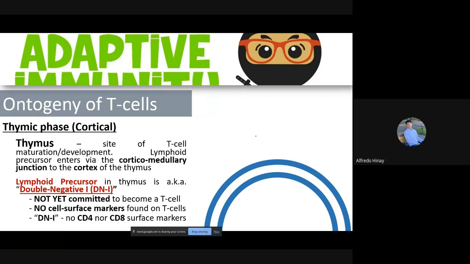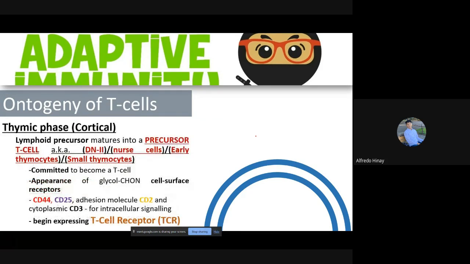Tapos, kung makapasa na siya class, mahimo na siyang double negative 2. Okay? Or precursor T cell. So, makadecide na dyan sa class na committed to become a T cell na. Okay? So, ready na siya to start studying the self and non-self.